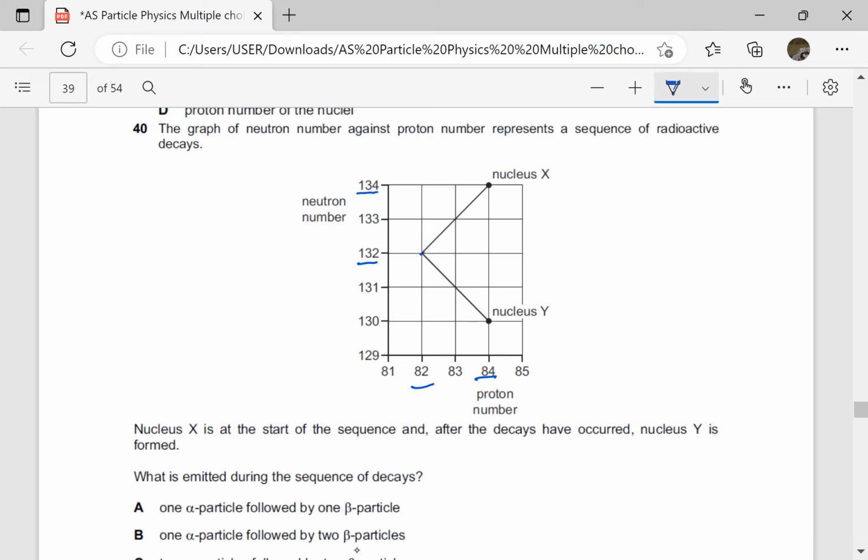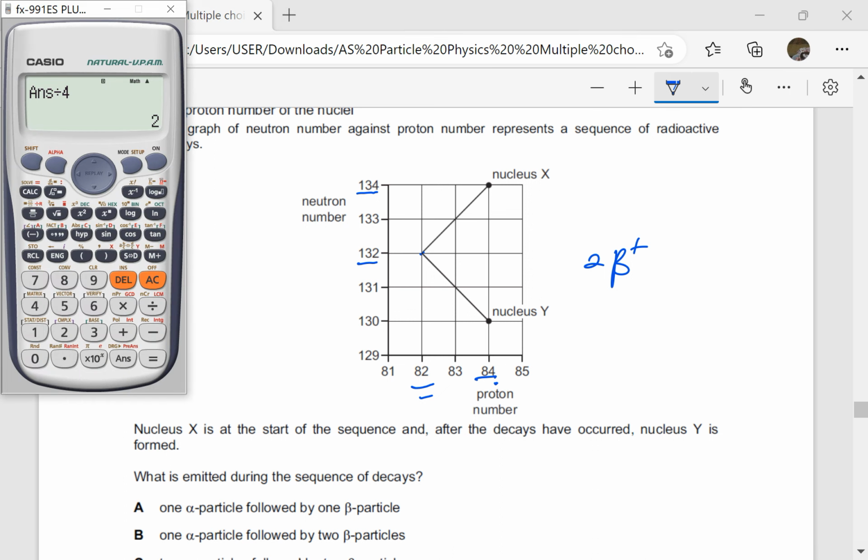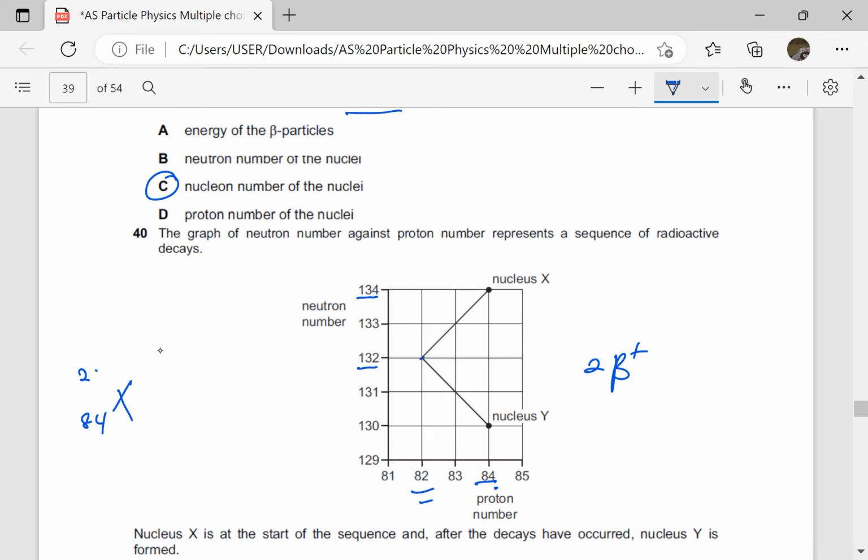Then again, the proton number increases to 84, and the neutron number, sorry, this is neutron number, not nucleon number. So let's first verify. X has proton number 84, and nucleon number 134 plus 84, so that is 218.